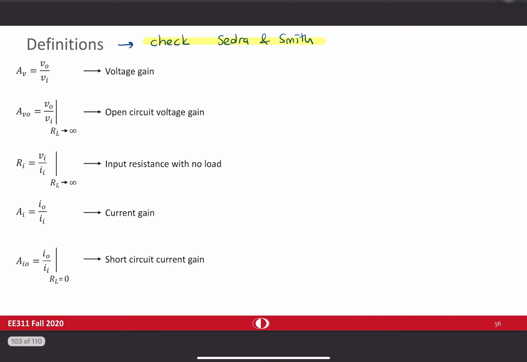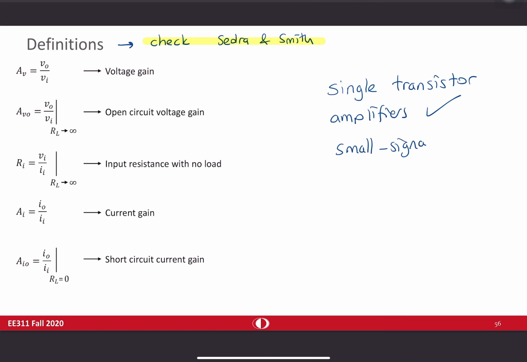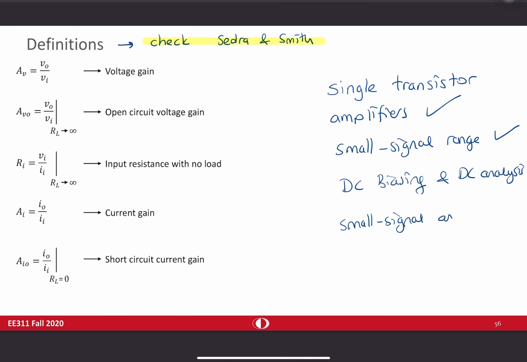So at this point, single transistor amplifiers are finished. Small signal range definition is known. You know about DC biasing and DC analysis, and also small signal analysis.